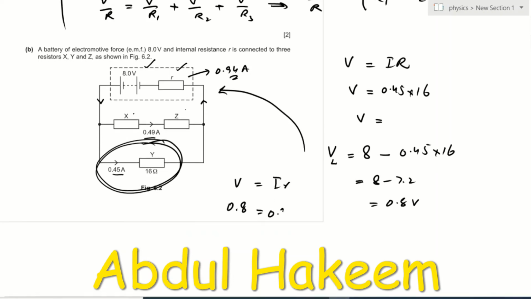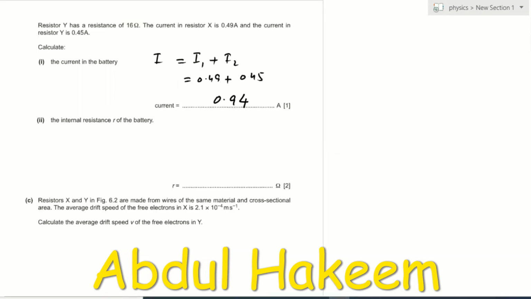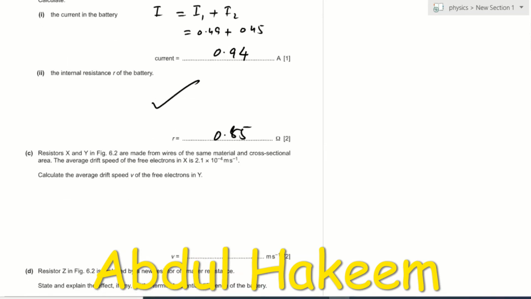The current passing is 0.94 and the internal resistance is required. So 0.8 divided by 0.94. So the internal resistance is 0.85 ohm. So we will write here 0.85 and all the calculation over here.